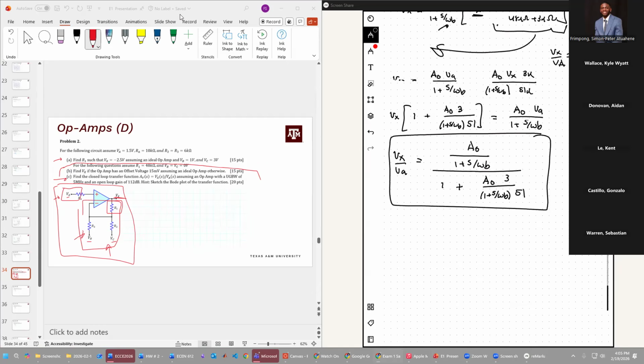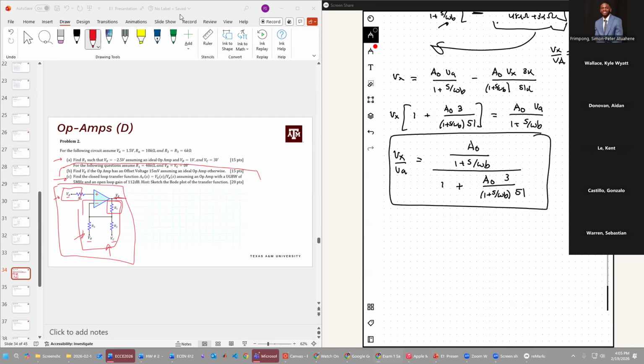All right, so now let's simplify this and let's plug things in. I'm going to multiply... Let me see. What's going to be the best approach here? Okay, I'm going to multiply the top and bottom of this by 1 over S B A naught, like so.